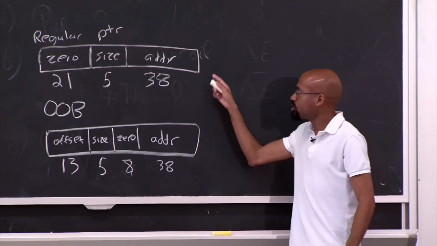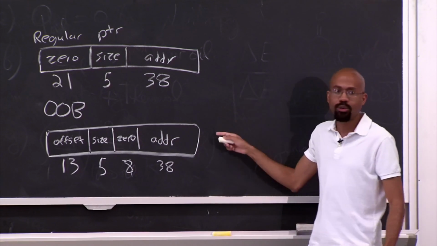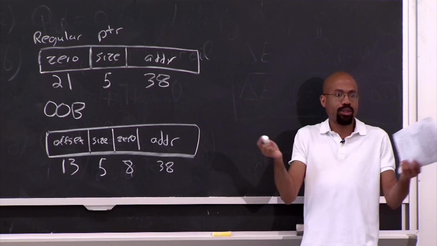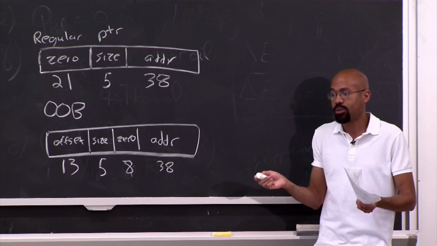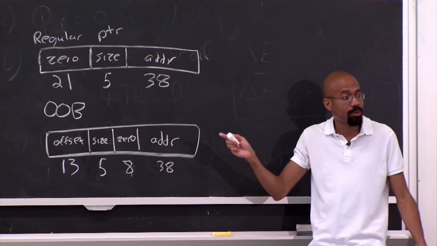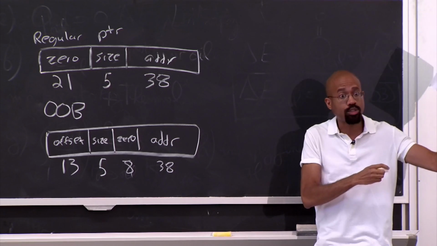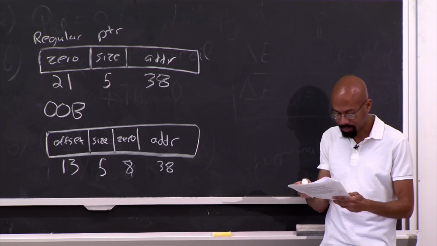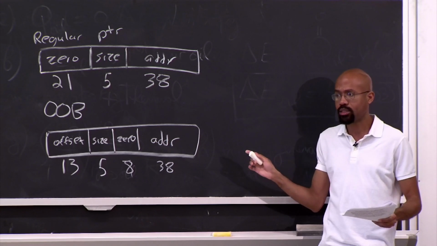Also, we can trivially pass these things to uninstrumented code because they are the same size as regular pointers. We can put these things in structs, for example, and the size of those structs won't change. So this is very nice if we can live in the 64-bit world. Does that all make sense?